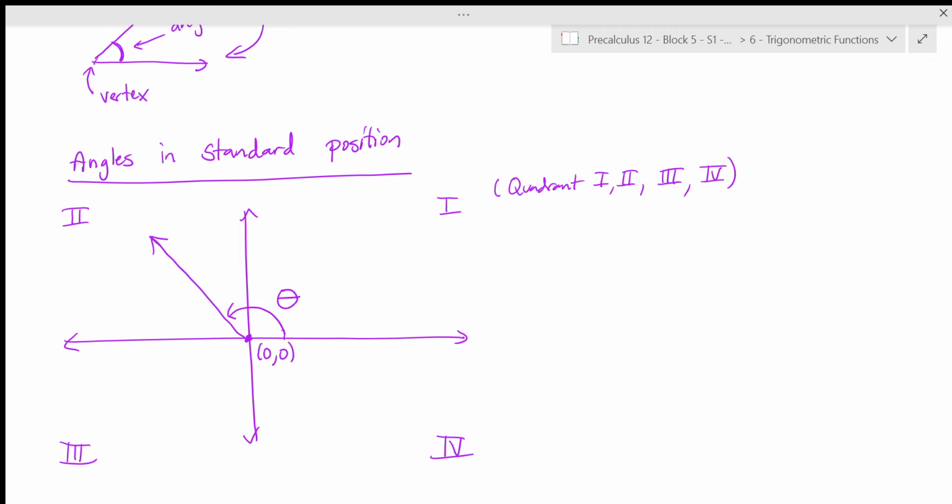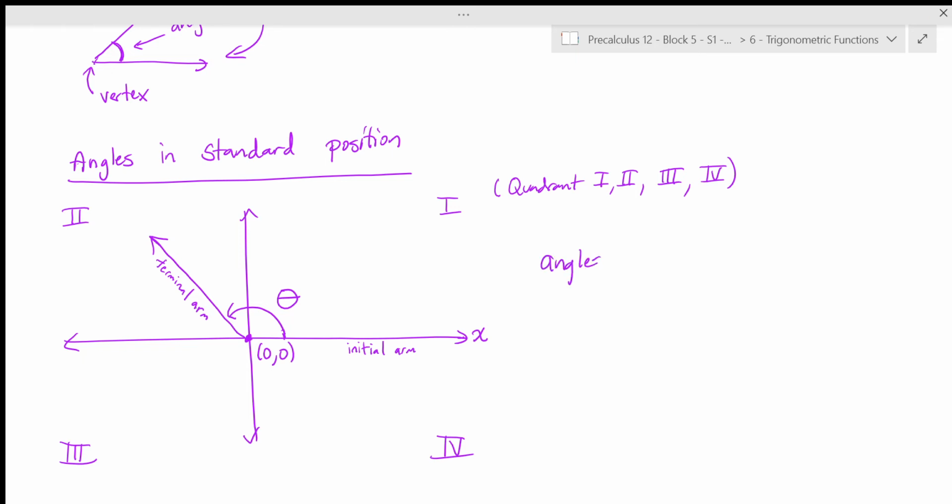So we're measuring the angle from the positive x-axis, up till we get to the other arm. We call this arm the terminal arm, or the terminal side, which is where the angle ends. And the positive x-axis, which is always the positive x-axis, would be called the initial arm or side.